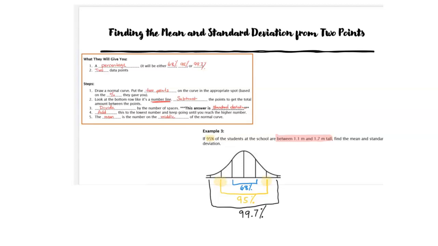Those are the 2 endpoints for our 95%. So here we'll have our 1.1 and here we'll have our 1.7. So what I'm going to do is erase everything else simply so that we don't have so many distractors on our page. Alright, so we've taken care of step 1.